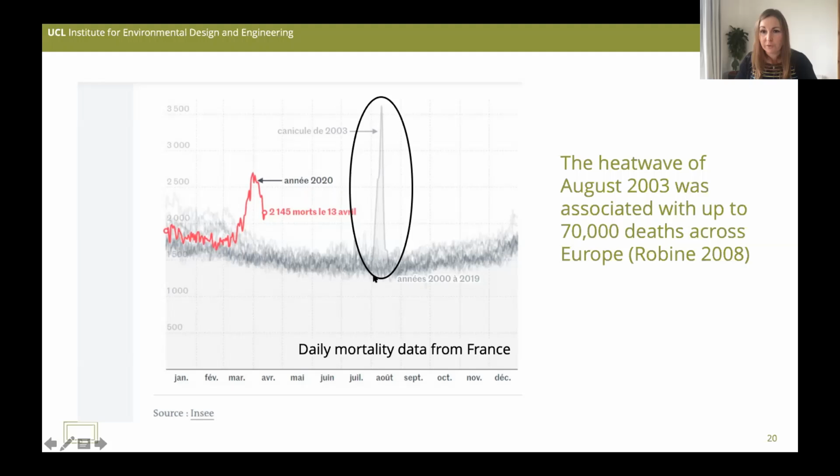Across Europe, there were up to 70,000 estimated deaths due to this heat wave. In fact, France was probably the worst country affected. They had 15 to 20,000 deaths, I believe, and really big problems for the medics and for the healthcare system.